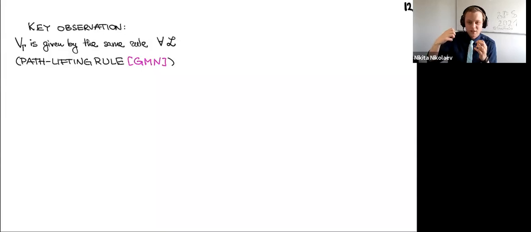So in other words, the rule that assigns V gamma to a particular line bundle is always the same. It's completely agnostic when it comes to the line bundle L itself. This is an interpretation of one of the main observations from the spectral networks paper of Gaiotto-Moore-Neitzke, which is what they call the path lifting rule. So I interpret it as being that you have this cocycle which, as a rule, is independent of what line bundle I pick on the spectral curve.